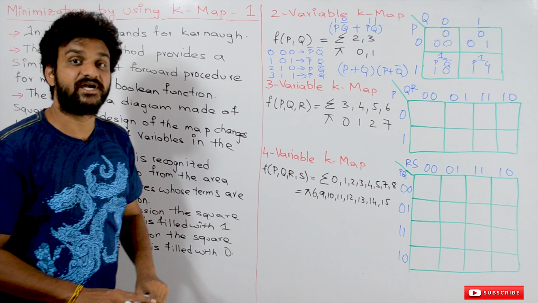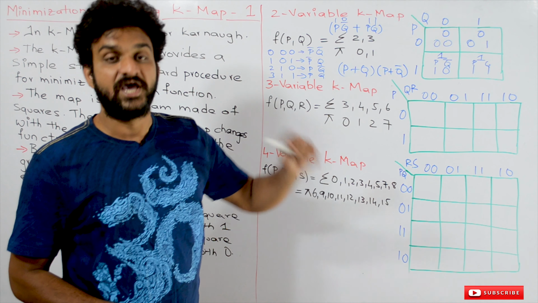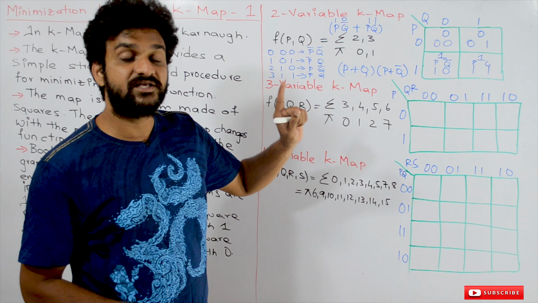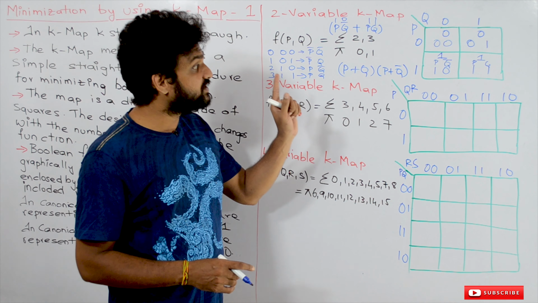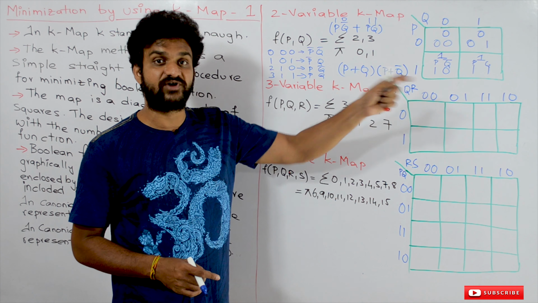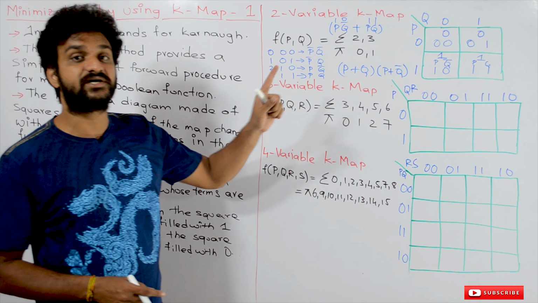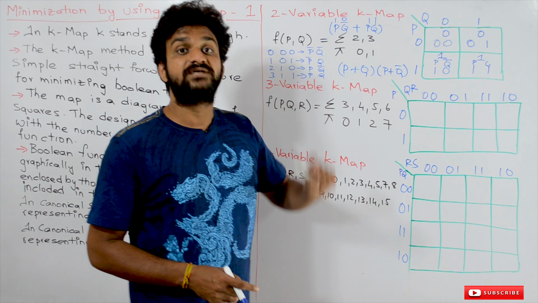How they are represented is based upon the expression. If the expression is a sum of products expression, then each term is represented as 1. If it is a product of sums representation, each term is represented as 0.